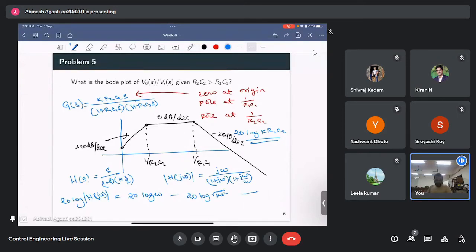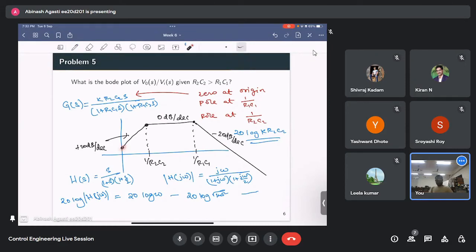But basically, asymptotically when we draw, whenever a 0 comes, we'll have plus 20 dB per decade slope. After that, when a pole is encountered, to the existing slope you will add minus 20. If two poles are encountered, you will add minus 40 and so on. Okay, if you go through the Bode plot lectures, this one will become clear.